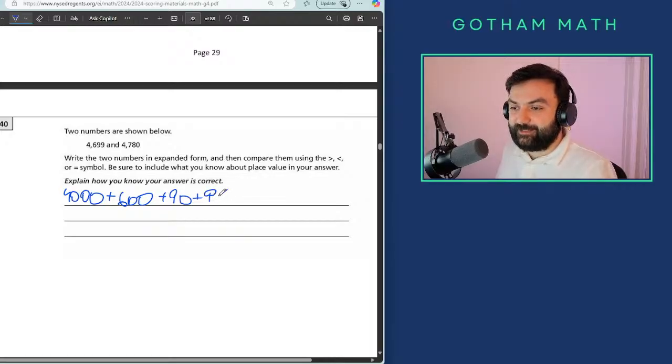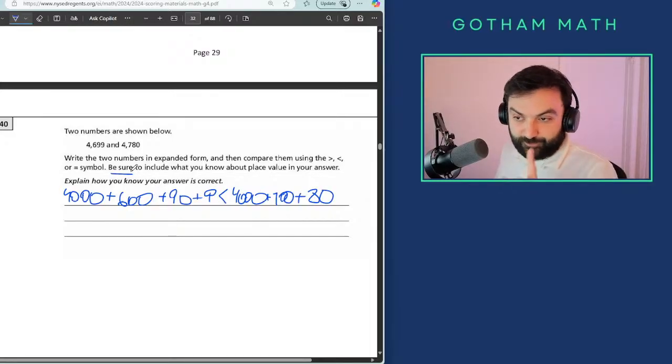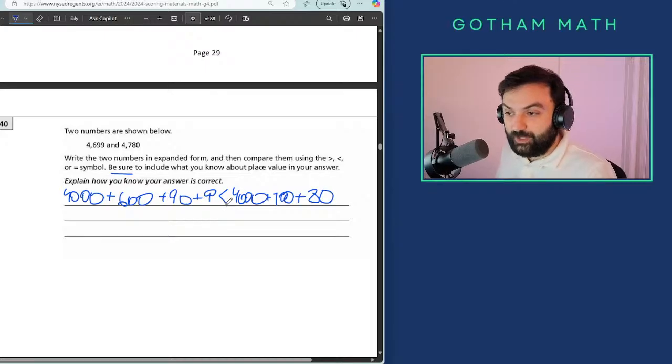Yeah, is less than, obviously. Correct. I agree. 4,000 plus 700 plus 80. All right, so this is already correct, and then it says be sure to include what you know about place value in your answer.